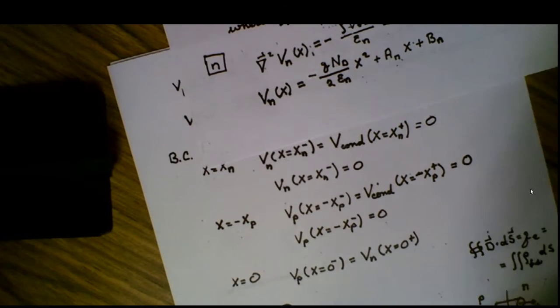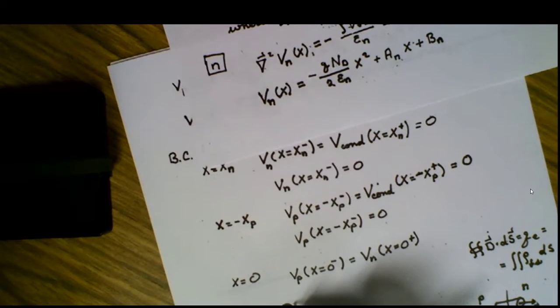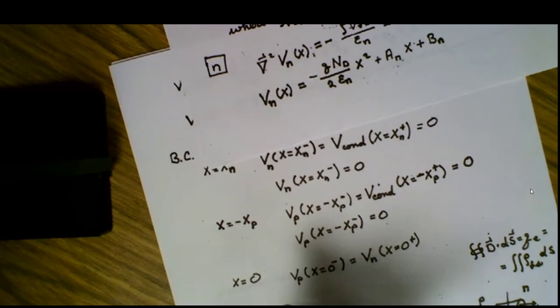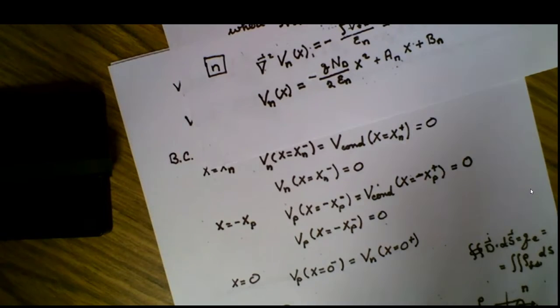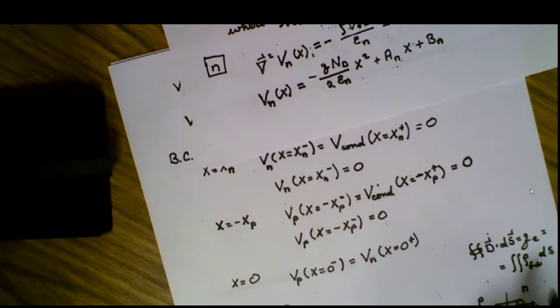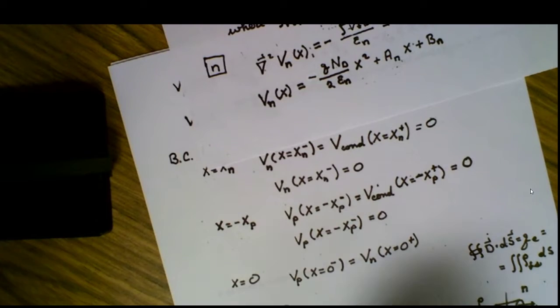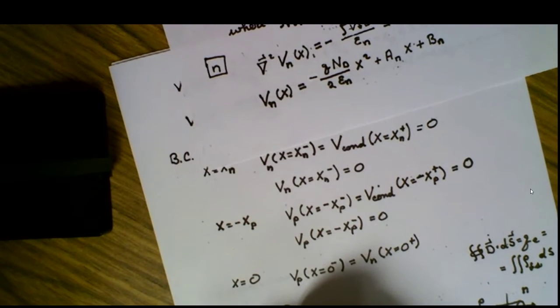N represents the N material. Actually, we have n representing too many things here, so I'm not even going to talk about subscript normal. So this will be the electric flux density in the x direction in our N material at x is equal to 0 plus.